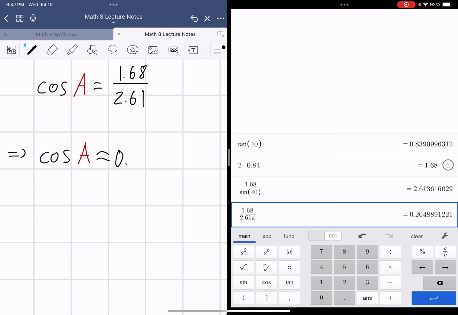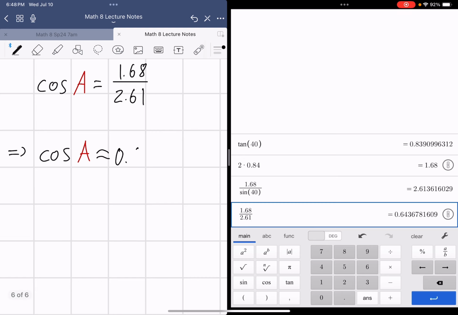If you notice, my answer changed because I accidentally put 2.6 pi. So you want to make sure you're careful when you're doing these, because that little bit you could look the wrong way and have a different answer. So I'm going to put 0.6. Rounding to 2 decimal places, which is going to be 0.64.